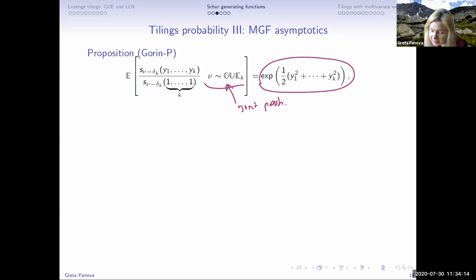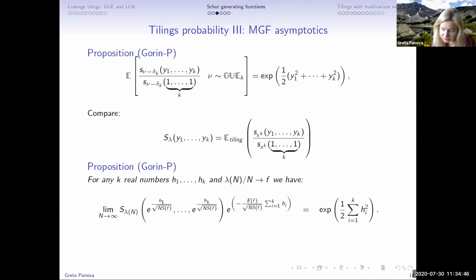What we also have is that this ratio of Schur functions is actually not so hard to compute using Weyl's determinantal formula. So this would look something like this, and one can actually do the computation even from scratch.